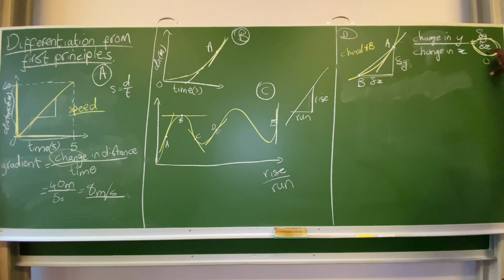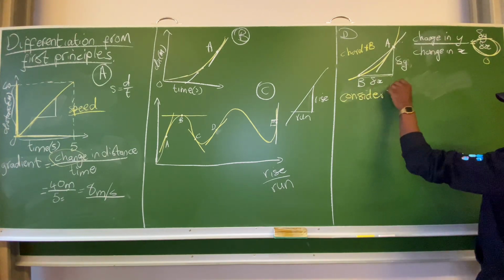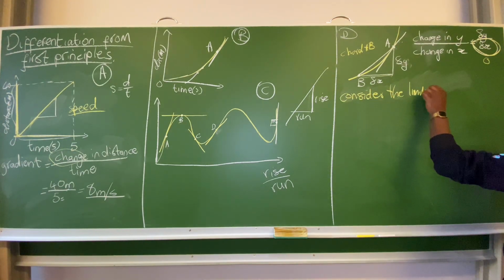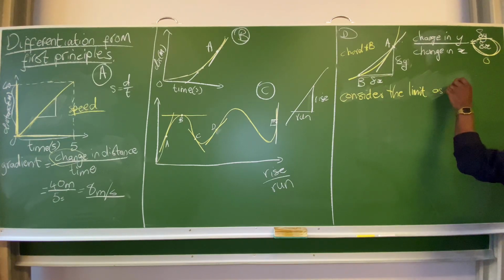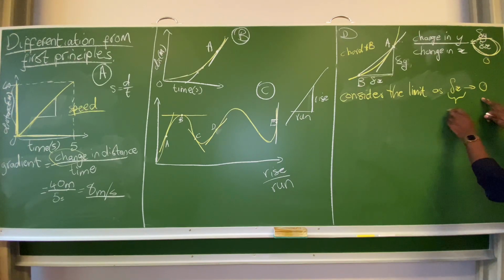Because we cannot let the small change in X reach 0, we will only consider the limit as the small change in X approaches 0, but does not actually become 0. So that means that this value will approach 0, but will never be equal to 0.